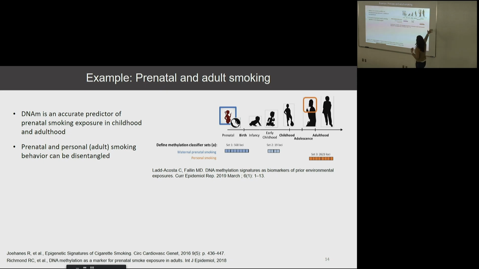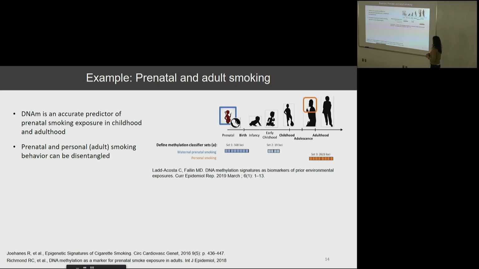Here I'm showing a figure from a recent paper that points this out a little more. There are about 568 loci, CpG sites, that are related to maternal prenatal smoking, about 19 that have been pinned down for early childhood smoking exposure, and then about 2,623 from own personal smoking. And these are all very separate.